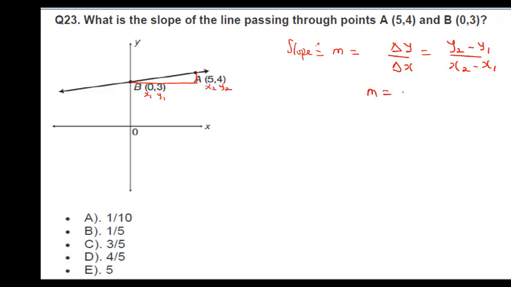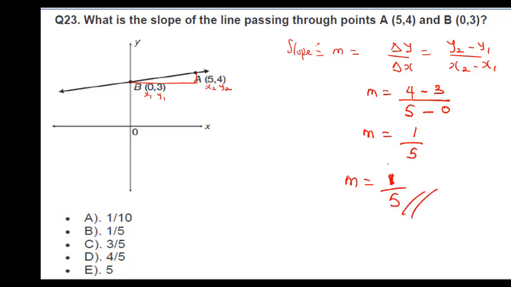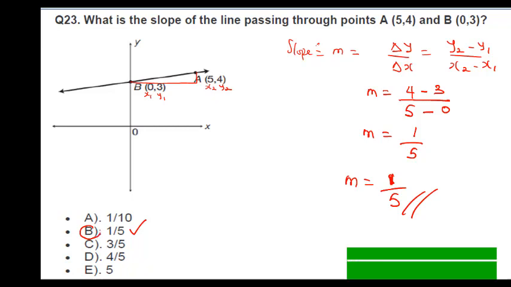M is going to be, that's our y2, it's 4, minus our y1, which is 3, over our x2, which is 5, minus our x1, which is 0. So this is going to give us 4 minus 3, it's going to be 1 over 5. So our m, which is our slope, is equal to 1 over 5. So that's our final answer, and the correct answer here is going to be B.